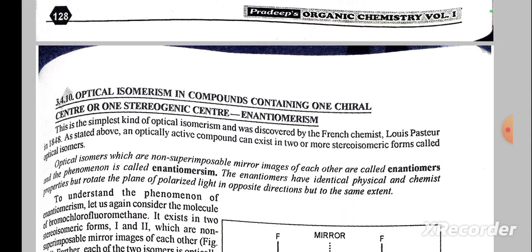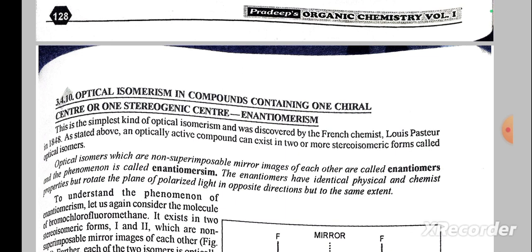Optical isomerism in compounds containing one chiral center, or one stereogenic center, gives enantiomers. This is the simplest kind of optical isomerism and was discovered by the French chemist Louis Pasteur in 1848.